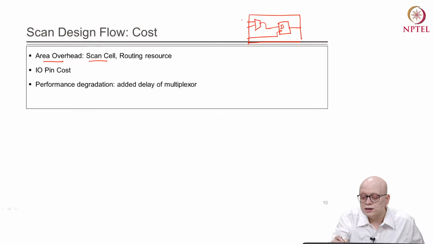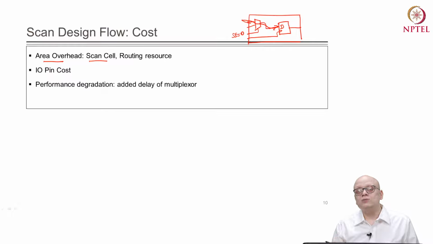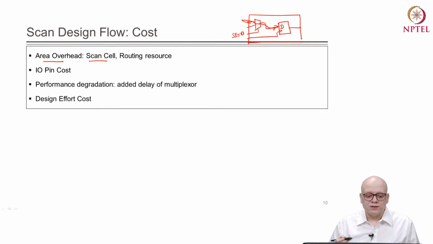So, if we consider the data path, when scan enable is equal to 0, in the data path we have an extra multiplexer, and that will add to the delay on the data path, and therefore the maximum clock frequency at which our circuit can operate can come down. And then there is significant design effort to implement scan design flow, right. Now, these are some of the important costs that we must consider while implementing scan design methodology.